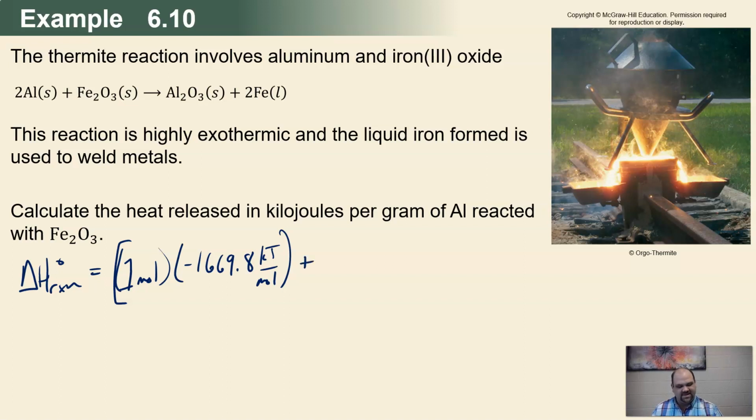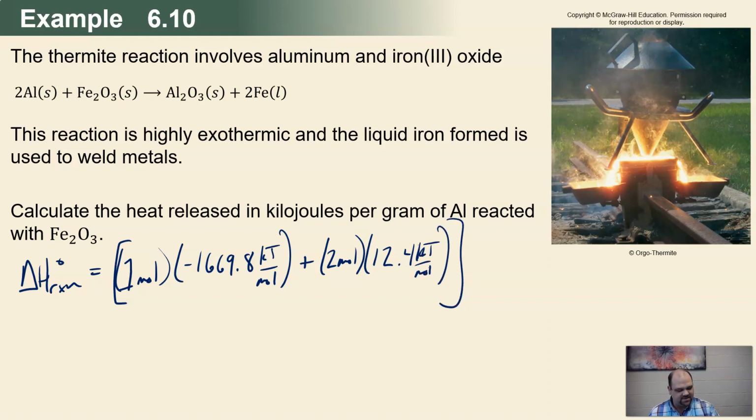And then we have to add to that, we have 2 moles of iron as a liquid. Now, iron in its standard state has a delta H of formation of 0. Is liquid the standard state for iron? It's not. And so it's not 0 here. We've got to look it up. It turns out that it's positive 12.4 kilojoules per mole.